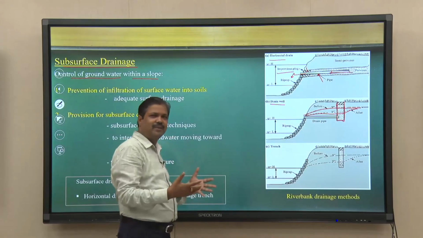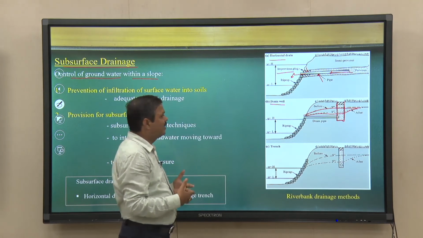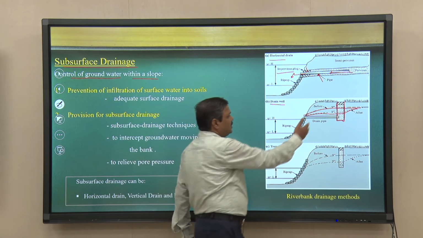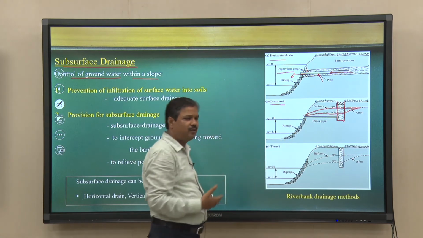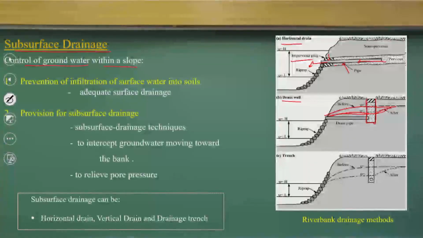Nowadays many numerical software packages are available, and you can see how effective the subsurface drainage is, but theoretically you can know it will happen like this. So we can have a drain pipe, and a well to collect the water, and you will have a stone riprap or the Gaussian matrix.